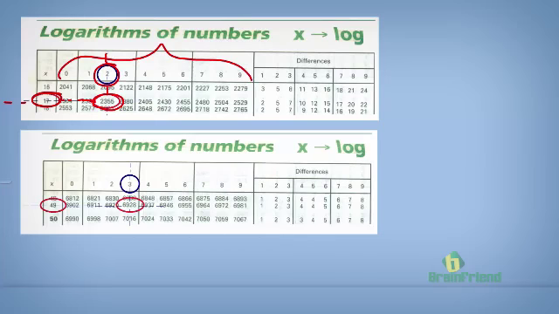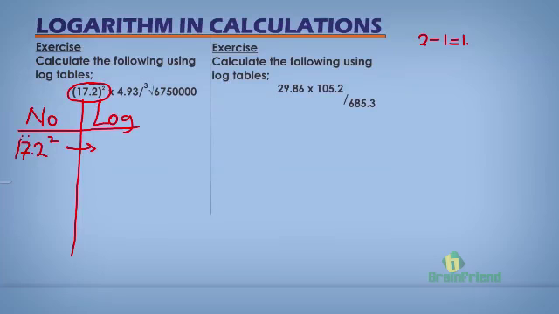The number that we have at that intercept is what? 2, 3, 5, 5. Therefore, our logarithm number becomes 1.2355. Let's put that down in our table. So we have 1.2355.